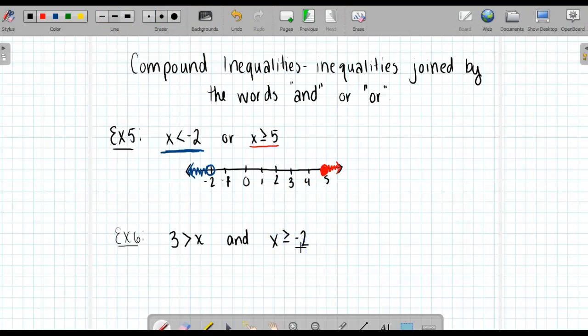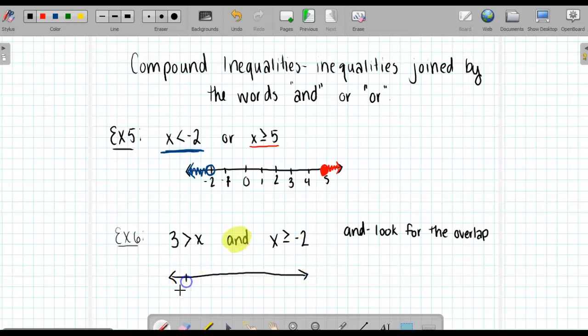So whenever you see the word and right here, that word and tells us to look for the overlap. So we are looking for where the two graphs overlap each other because they have to be both true in this situation.